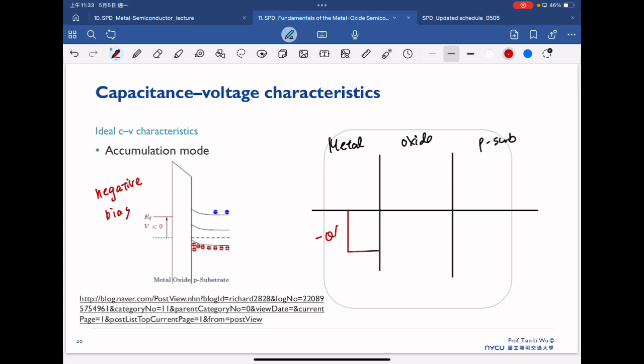And to reach charge balance, for sure we can expect positive charge to form on the substrate.